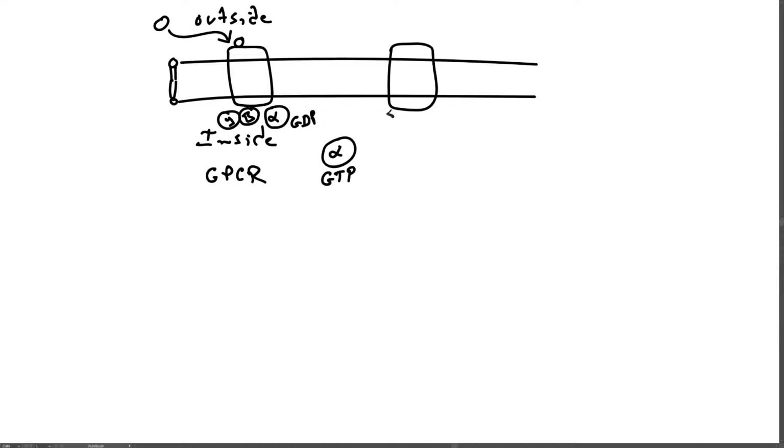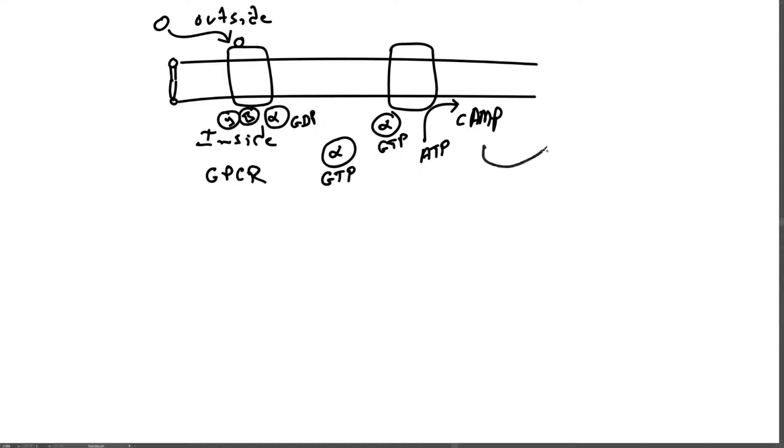And when this alpha subunit binds to adenylate cyclase, it converts an ATP, adenosine triphosphate, into cyclic AMP.